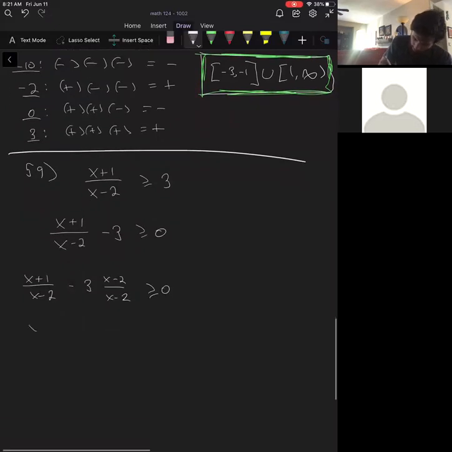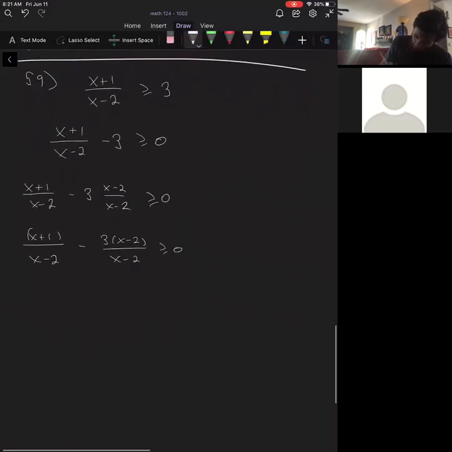So what we have is x plus 1 over x minus 2 minus 3 times x minus 2 over x minus 2. Then we can combine the fractions. So we have x plus 1 minus 3 times x minus 2, over x minus 2.